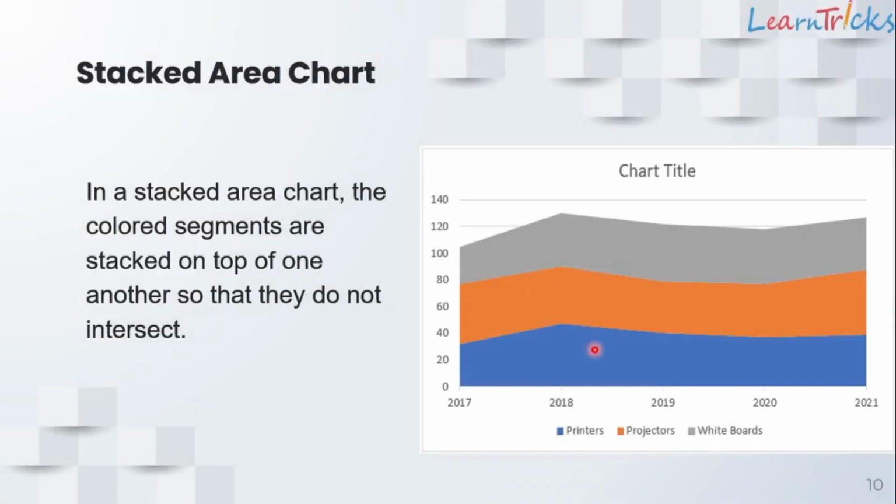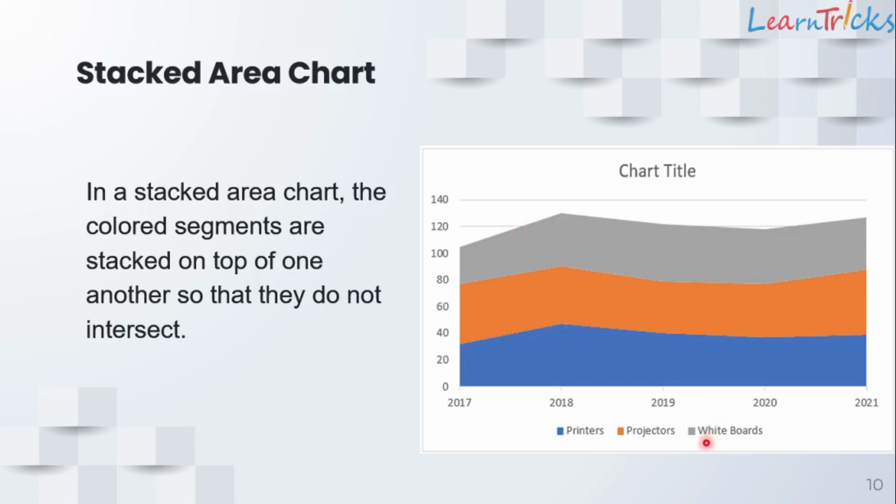Next is the stacked area chart. As the name suggests, in a stacked area chart the color segments are stacked on top of one another so that they do not intersect. First of all, the variable having the higher y value will be plotted, or colored, first.